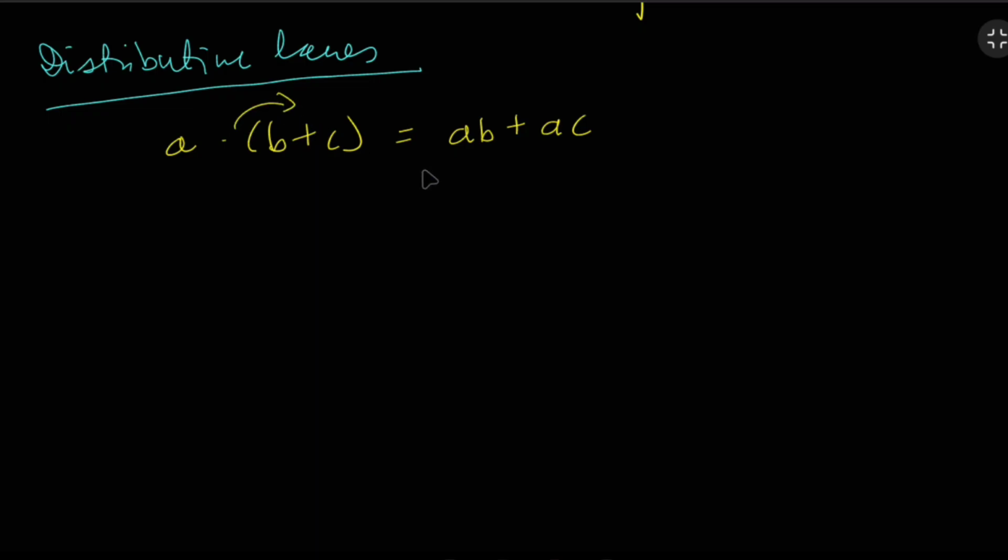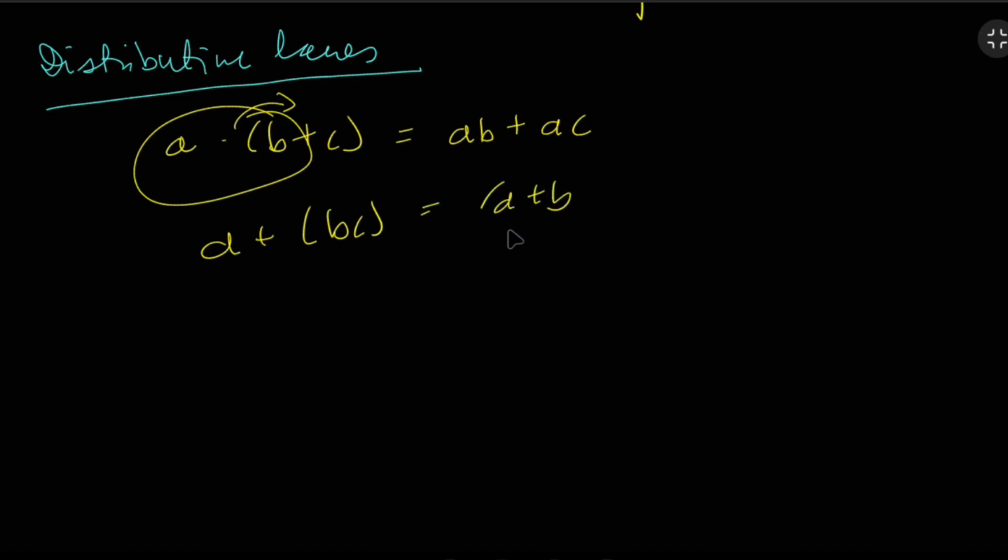This dot you can distribute inside, so this is AB plus AC. Similarly, you can do A plus BC: we'll do (A plus B) into (A plus C). Like this. Is it clear? So this is the distributive law.